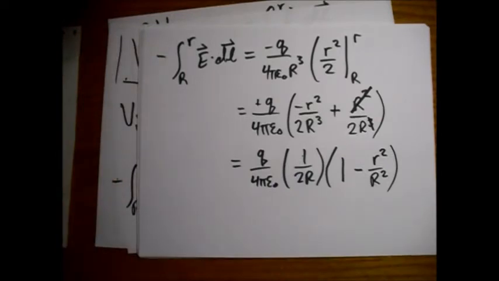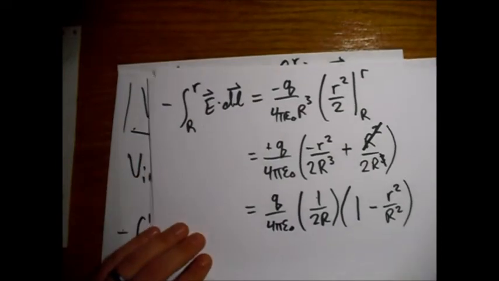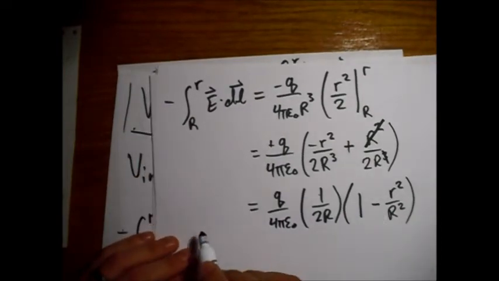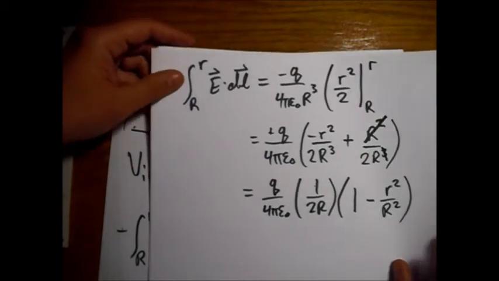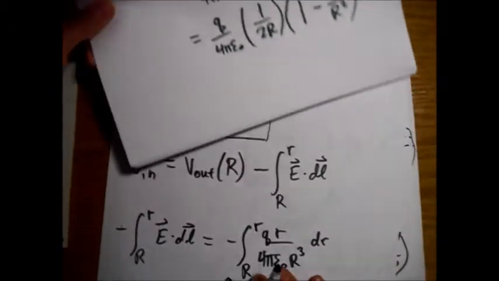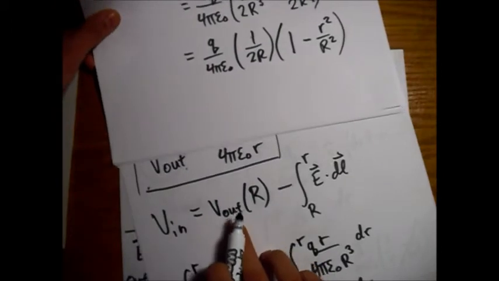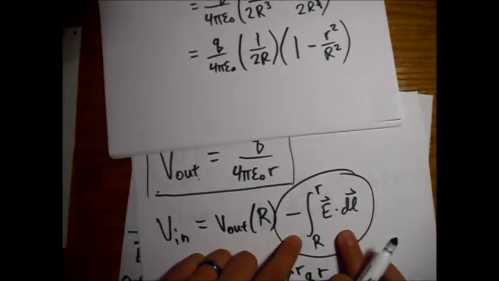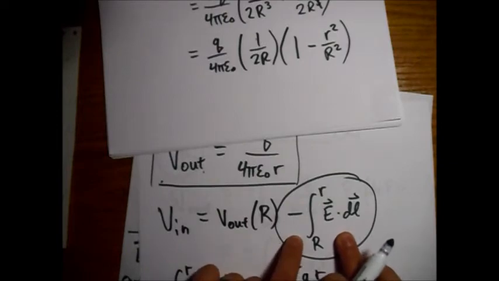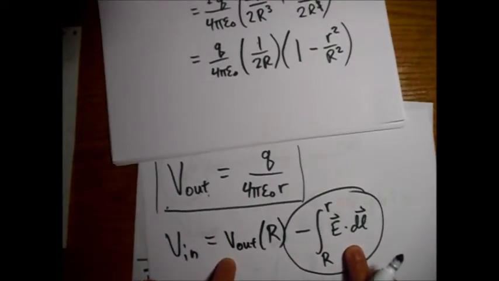Compute the gradient of V in each region and check that it yields the correct field. Oh, right, we didn't tie something down here, which is we need to find our actual V in. Remember, all we were doing was finding this term right here, right? So we just have to add V out to it.